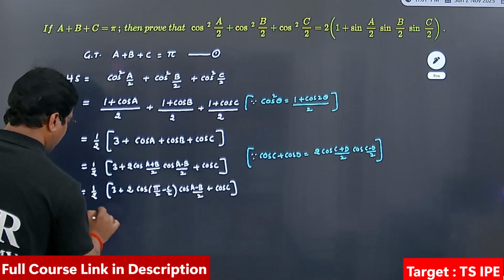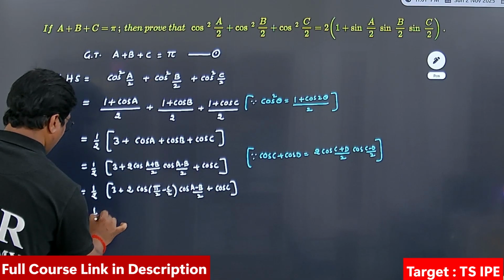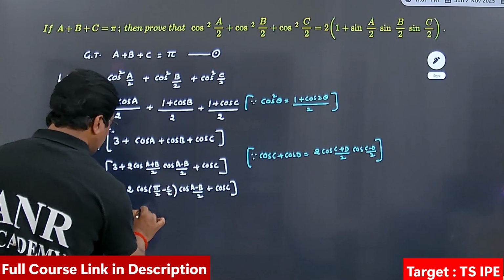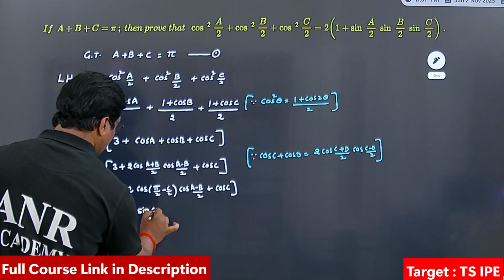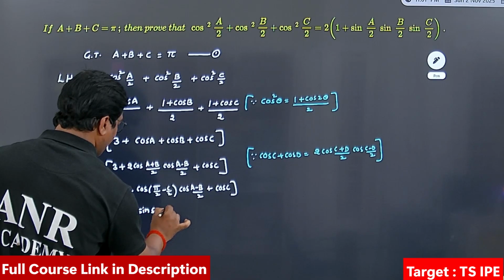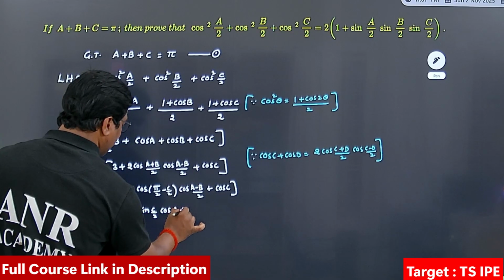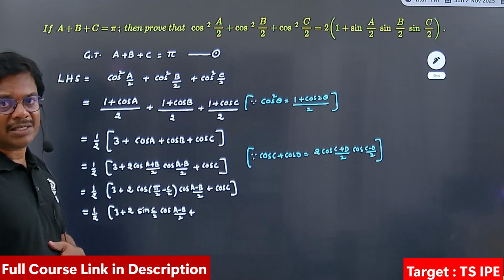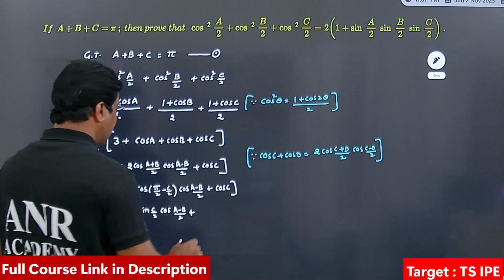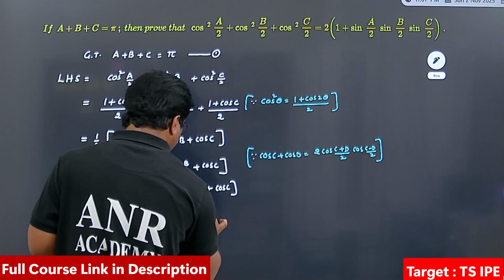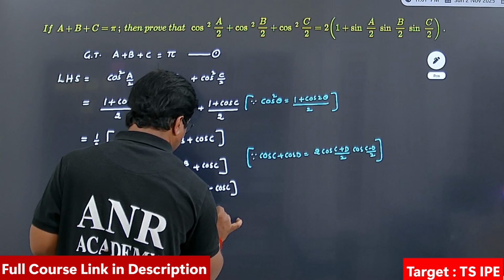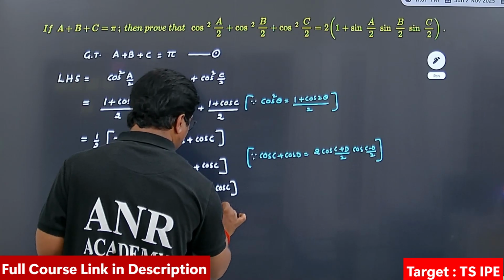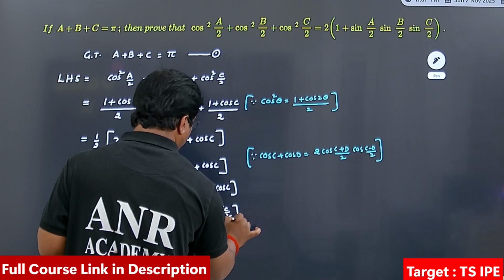Next step I am going to change this into 1 by 2 of 3 plus 2 of cos (90 minus C by 2), that is sin of C by 2. Remaining cos (A minus B) divided by 2 plus cos C, written as 1 minus 2 sin square C by 2.